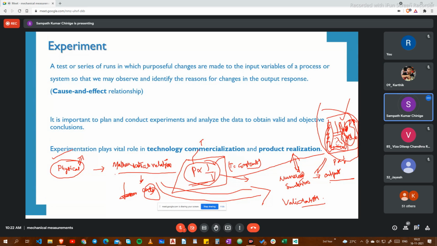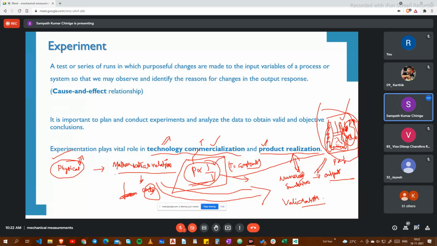Okay, so when you want to commercialize, that means when you want to make money or profit out of a product, first you have to realize a product, and for that these experiments are very important. Once the product is realized, we can make that technology profitable. That is called technology commercialization.